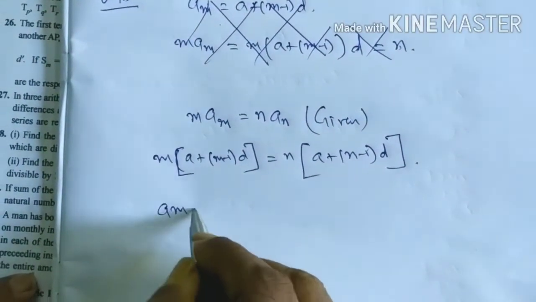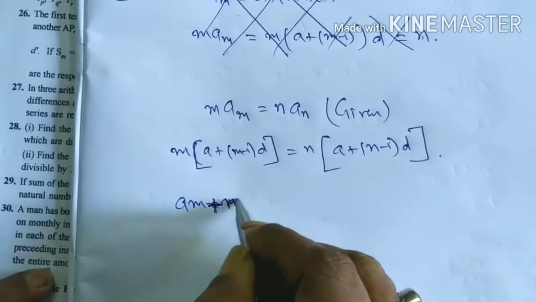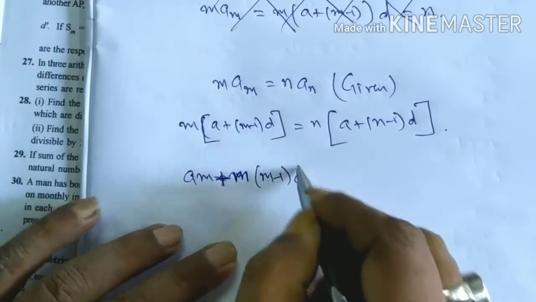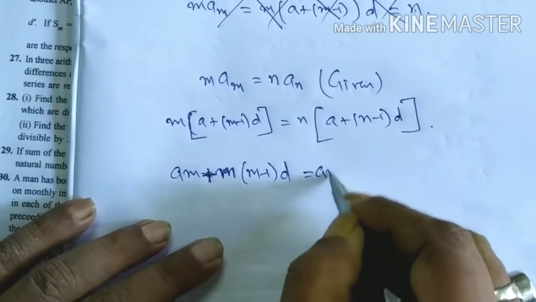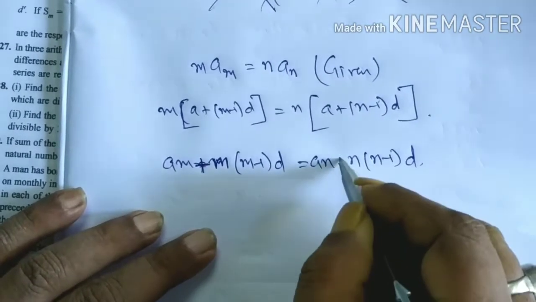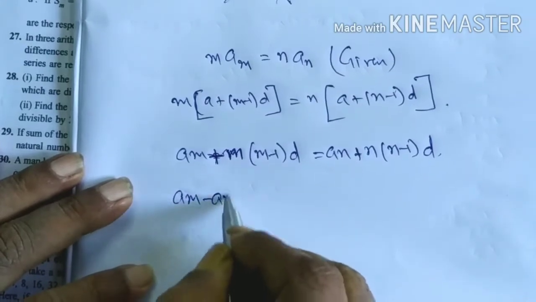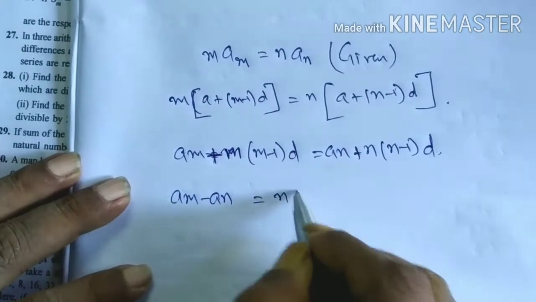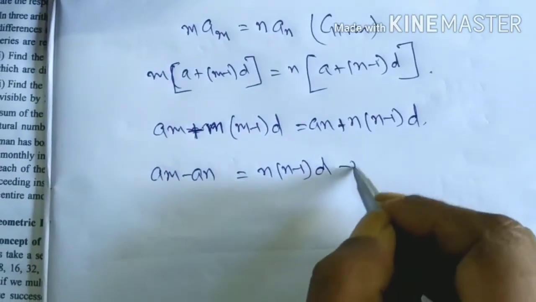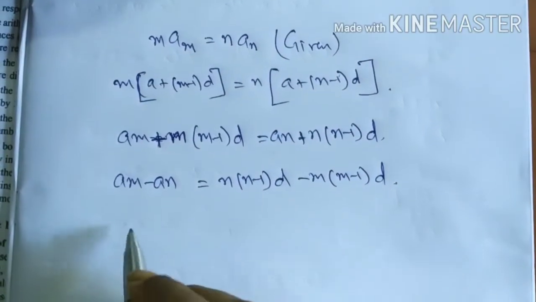Now m times am is equal to n times an, so am minus an is equal to n minus 1 into d minus m minus 1 into d.